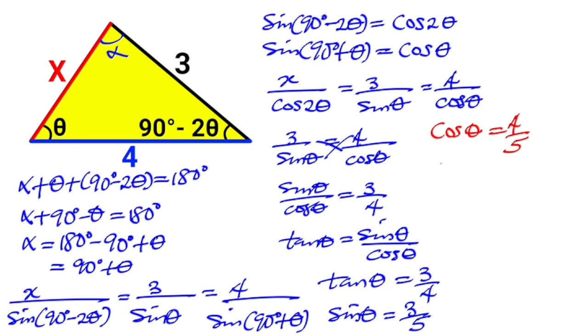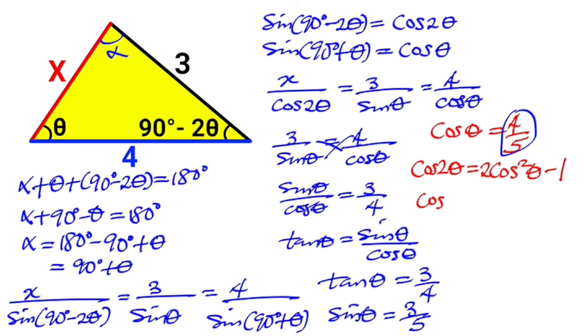To solve for x, we need to know what the cosine of 2 theta is. We can use the double angle formula for cosine. The cosine of 2 theta is equal to 2 times the square of the cosine of theta minus 1. Plugging in cosine of theta is equal to 4/5.